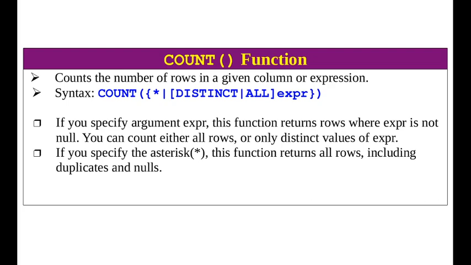Here, if you specify argument expression, this function returns rows where expression is not null. You can count either all rows or only distinct values of expression. Next point, if you specify the asterisk or star, this function returns all rows including duplicates and nulls.